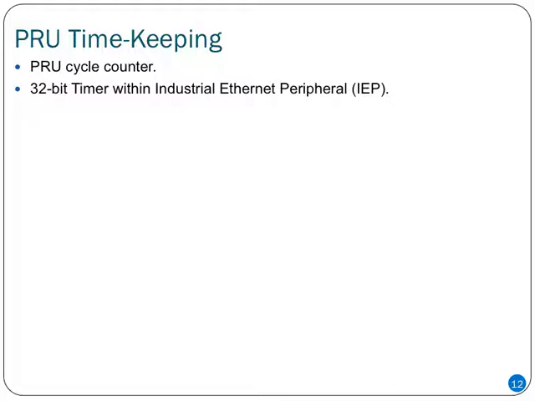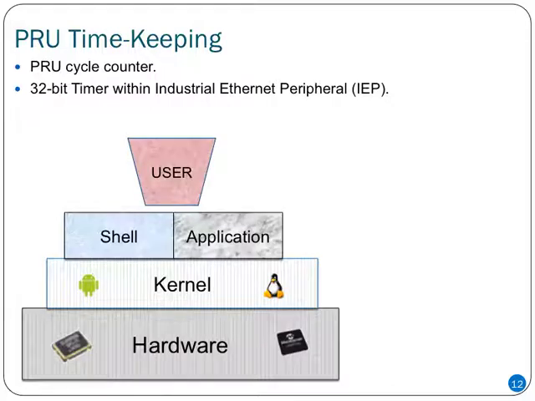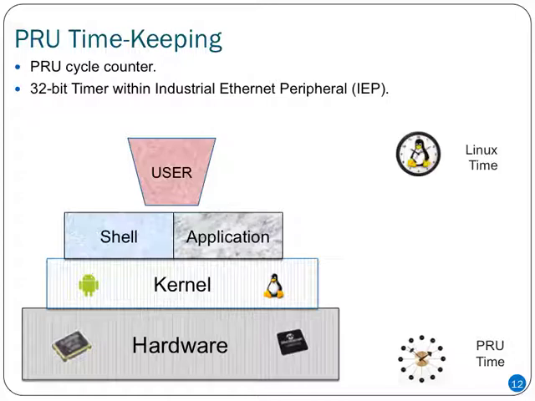So let's take a look at how the PRU thinks about time. As I said, there is hardware, there is kernel, application, and there is user. The PRU sits on the hardware side, and the user is all the way up, seeing the Linux time, which Fatima described using get time, get resolution.